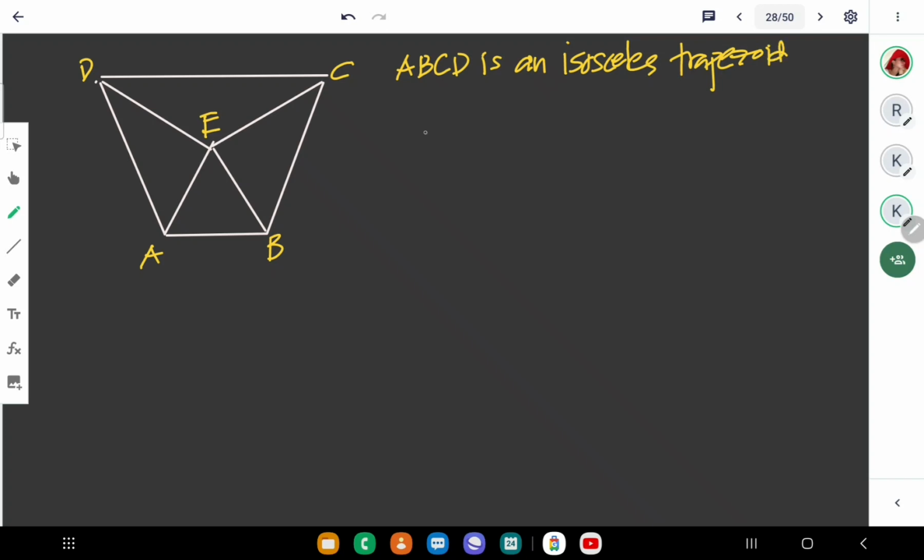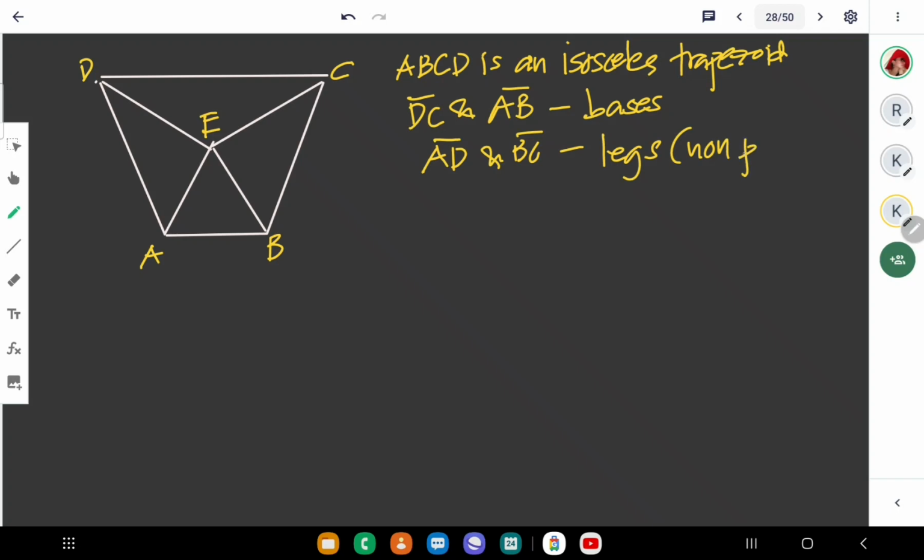Then the bases are DC and AB. These are the bases. Non-parallel legs AD and BC. So AD and BC are the legs, non-parallel.